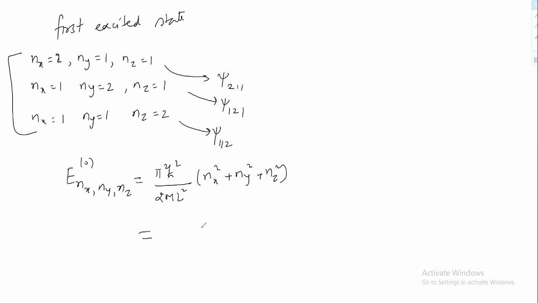The energy eigenvalue would be the same: 2 square plus 1 square plus 1 square, that means 6 upon 2, and that will give me 3 pi square h cross square by m L square. Is it fine?